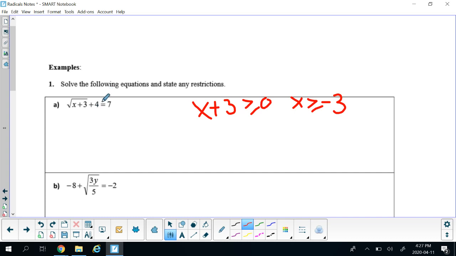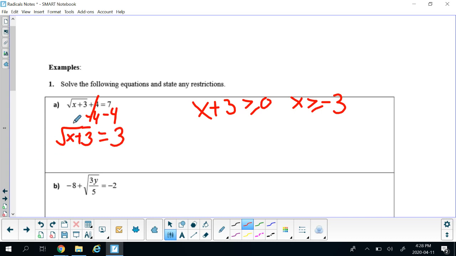So we're going to combine these two like terms, 4 and 7. So I'm going to subtract 4 on both sides. Okay, and plus 4 and negative 4 is 0. So you're left with square root of x plus 3 is equal to 7 take away 4 is 3.